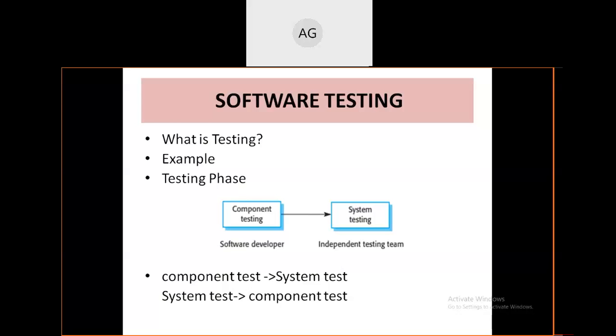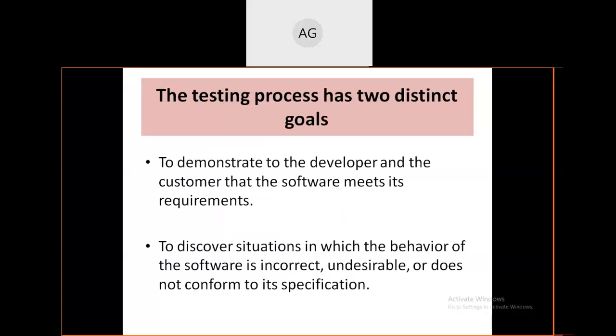This is system testing. And next, the testing process has two distinct goals. The first one is to demonstrate to the developer and the customer that the software meets its requirements. Here, the developer should run at least one test for every requirement or for the users.